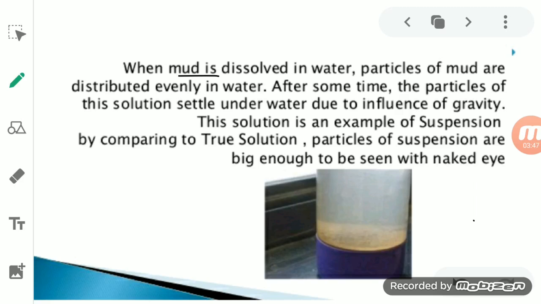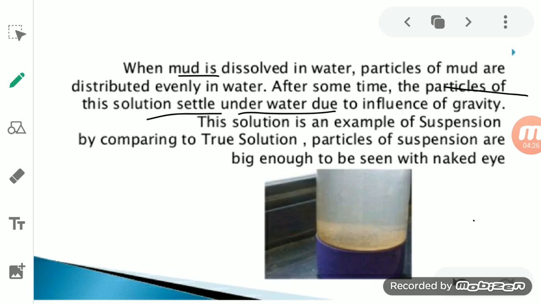But if you keep it undisturbed for some time, then you find that the particles of this solution settle down due to the influence of gravity. So you can say that the particles remain suspended throughout the water without dissolving in it, and that's why when you keep it undisturbed for some time, it will get settled down at the bottom of the beaker.